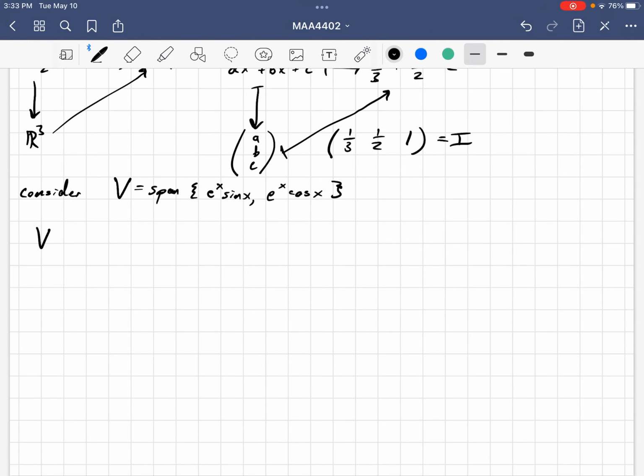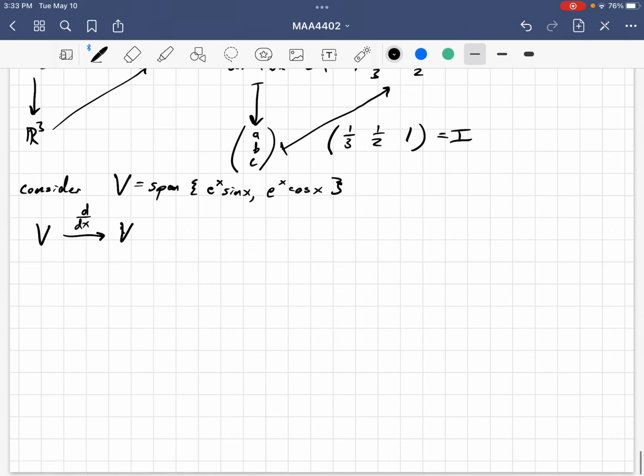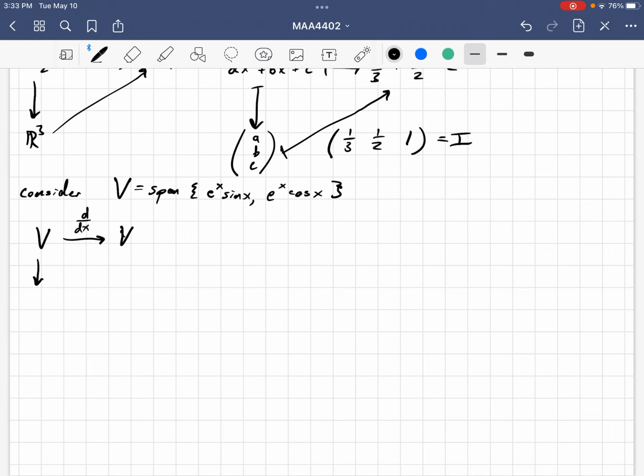Let's look at derivatives and integrals with V. We take the derivative of something in V, and we get out, of course, something in V. And now I'll also realize that this is a two-dimensional vector space, right? Because it's just two elements being considered in the span.